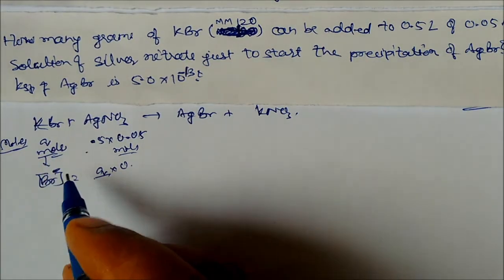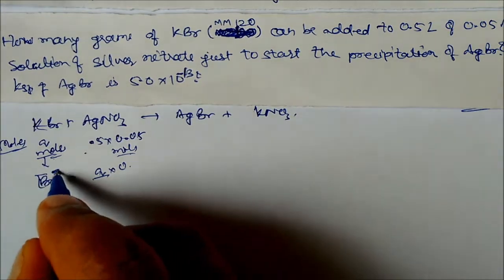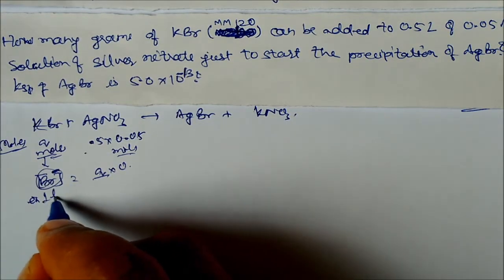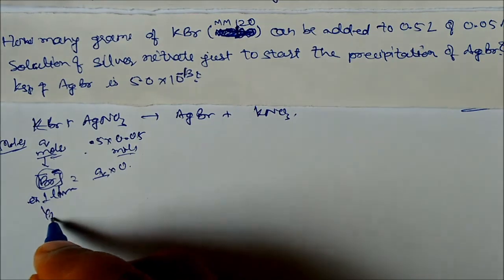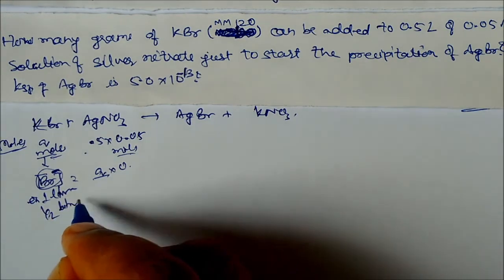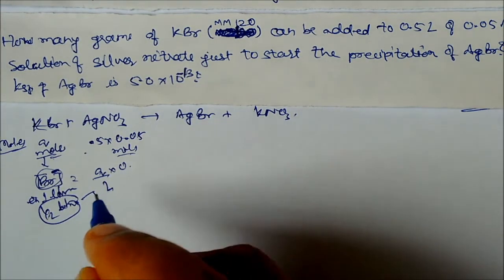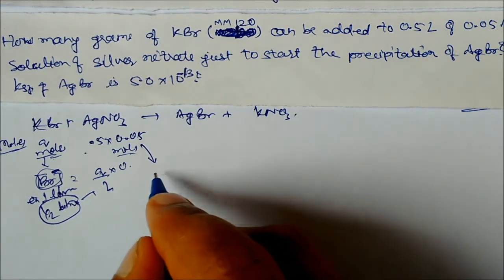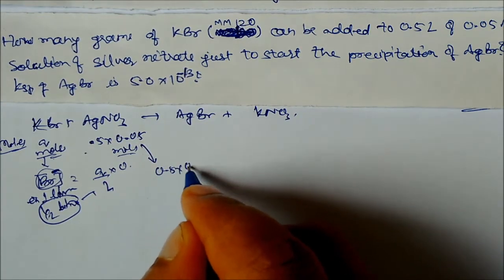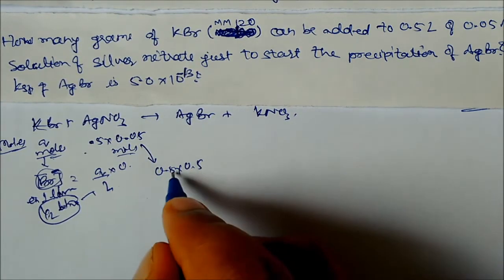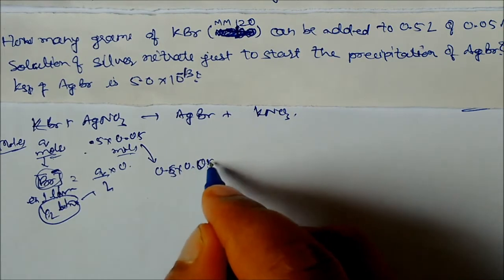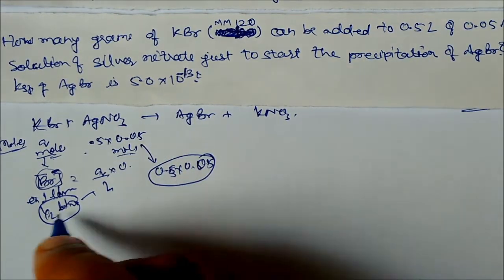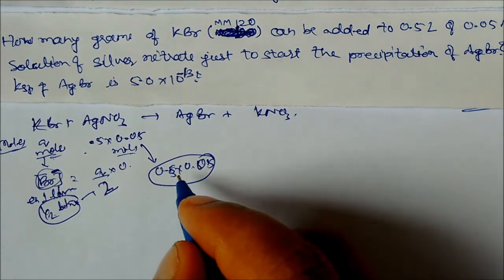A is the mole of Br in 1 liter, so in half liter it will be A by 2. Similarly, this will be 0.5 into 0.05, so in half liter it is 0.05 by 2. A by 2 is in half liter.